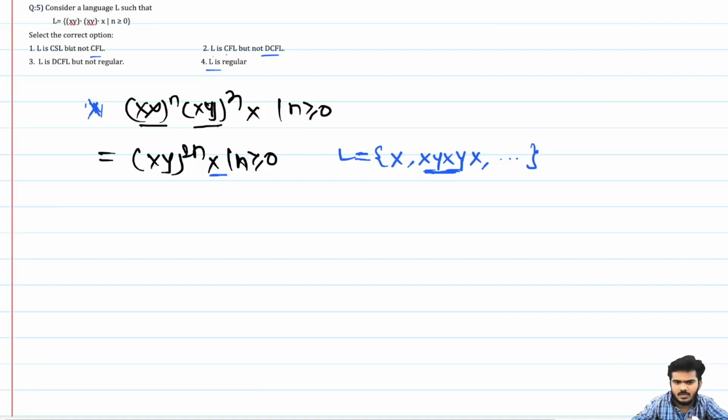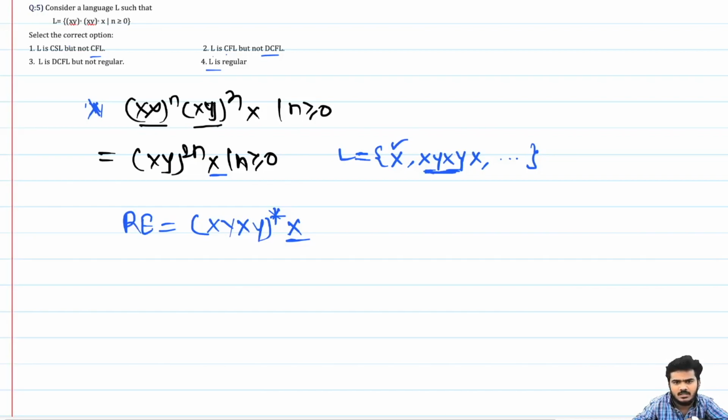So for this, if I design a regular expression, it will be like this: (xy)* whole star, that is Kleene closure, and then x. Suppose I put 0 here, then I get the minimum length string x, and if I put 1 instead of star, then I get xyx.